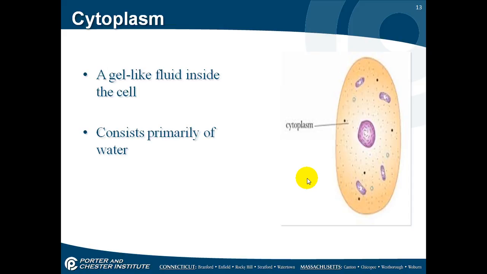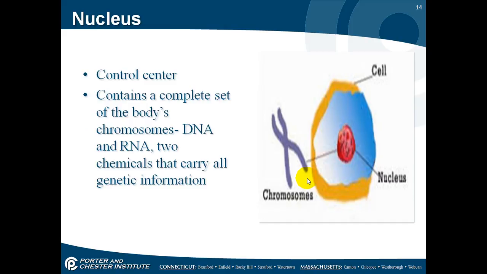This makes up a vast majority of the inside of the cell and consists primarily of water. The nucleus of the cell. This is the control center, the headquarters of the cell. It contains the body's very important chromosomes, both DNA and RNA, two chemicals that carry all your genetic information.